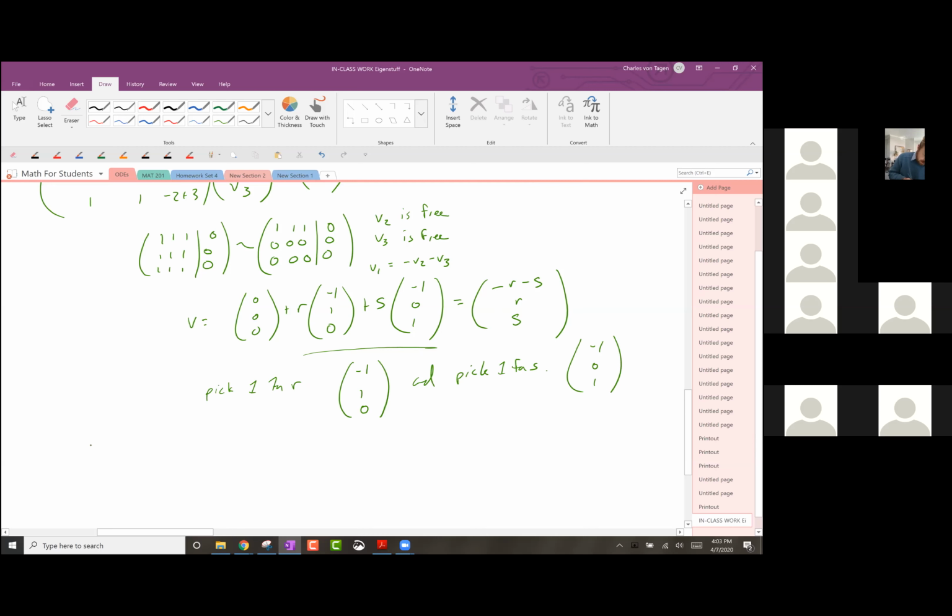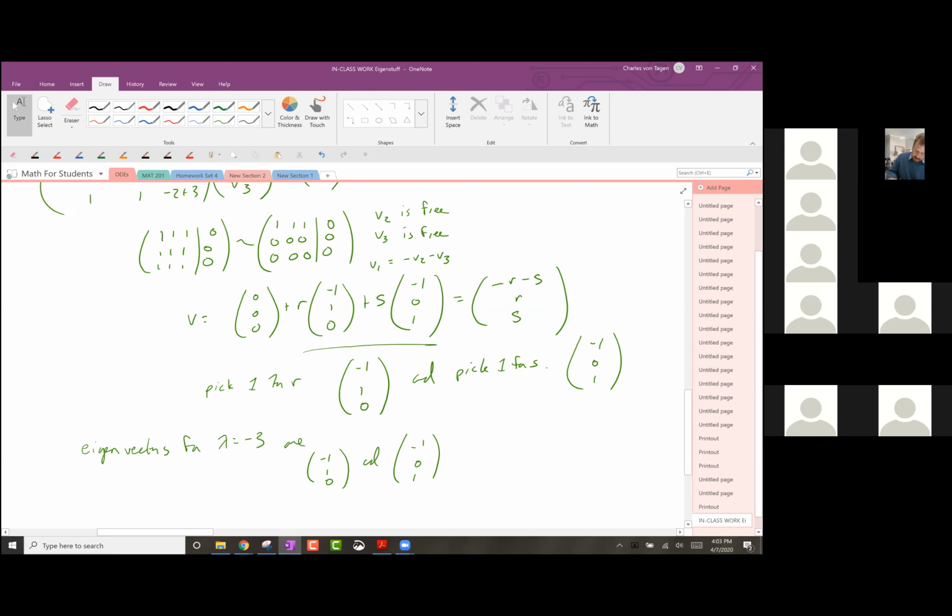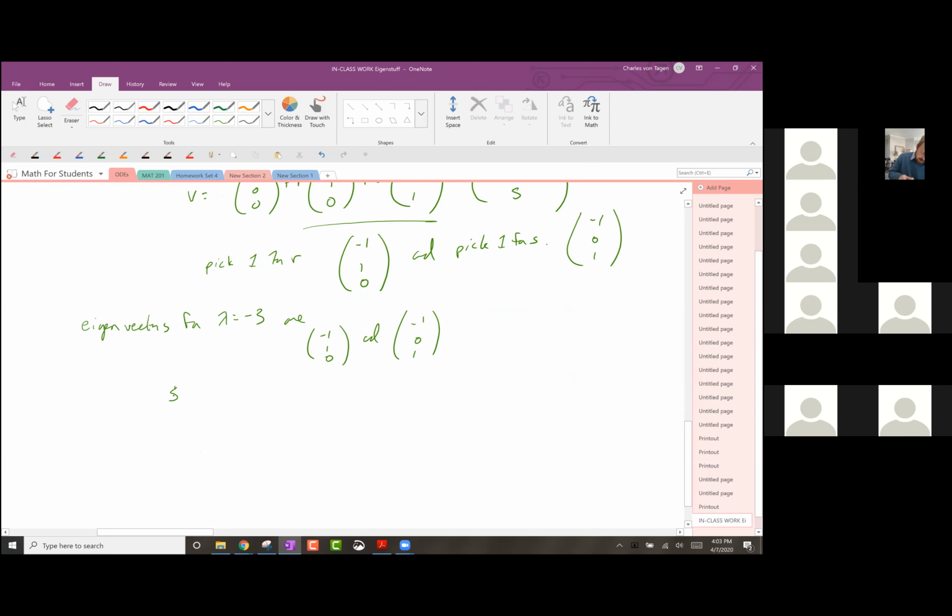So the eigenvectors for lambda equals, I think it was negative 3, are negative 1, 1, 0, and negative 1, 0, 1. Or put another way, the eigenspace for lambda equals negative 3 is the span of these two vectors.